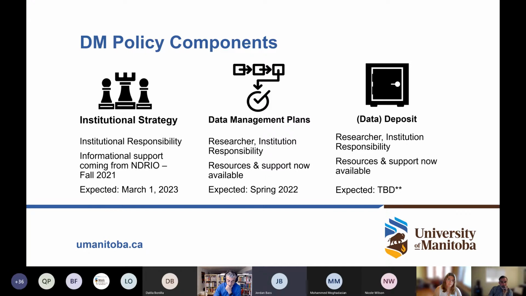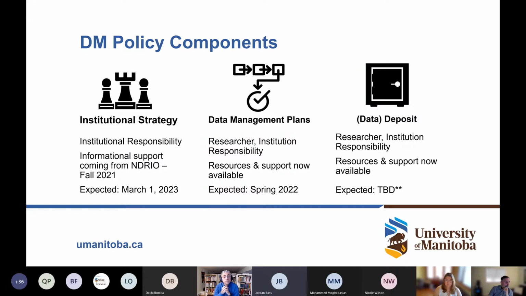Having the strategies publicly available will help the agencies and the broader research community to understand the institution's current and planned RDM capacity, challenges and needs, and will facilitate ongoing dialogue and collaboration on the advancement of RDM in Canada. And this first requirement is expected on March 1, 2023.